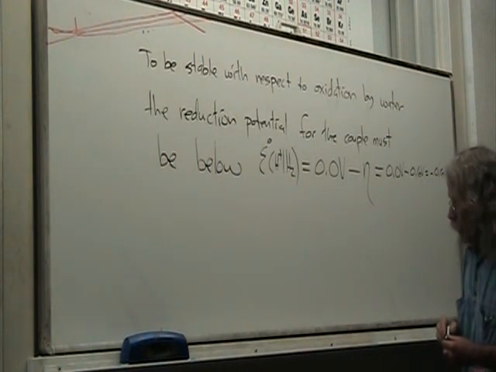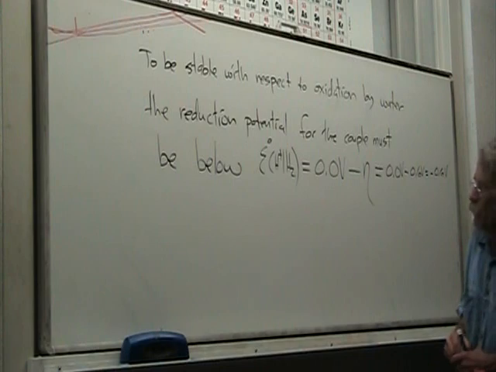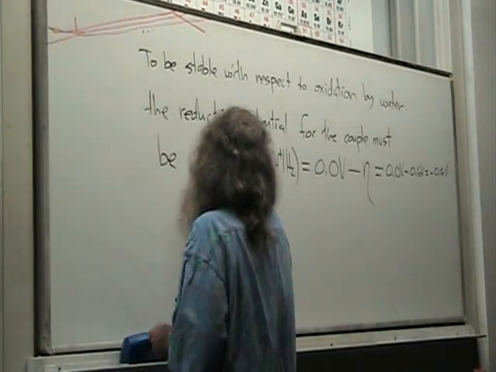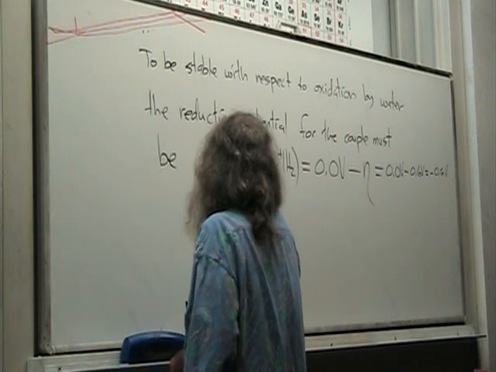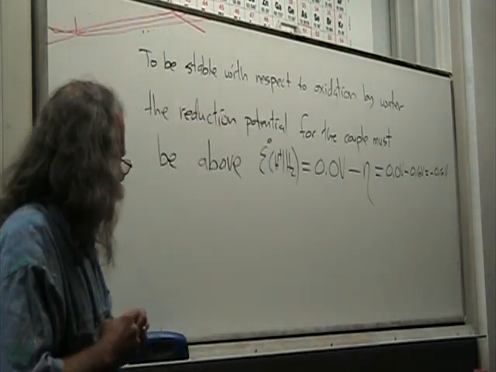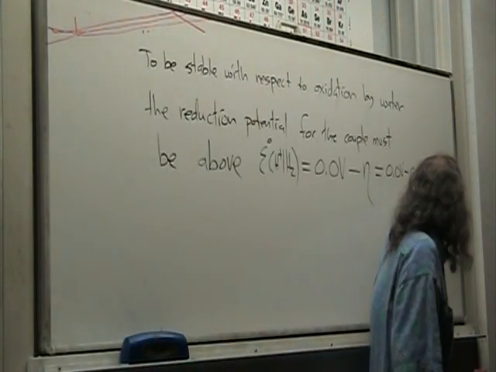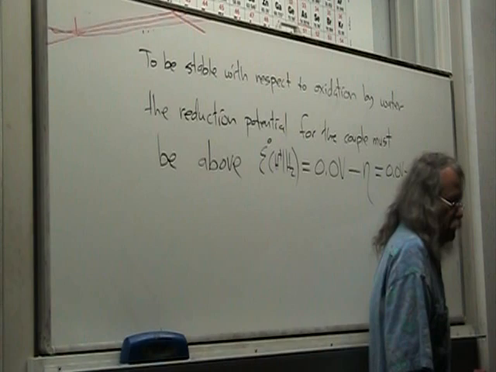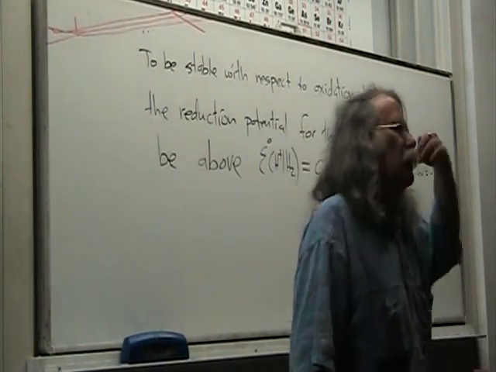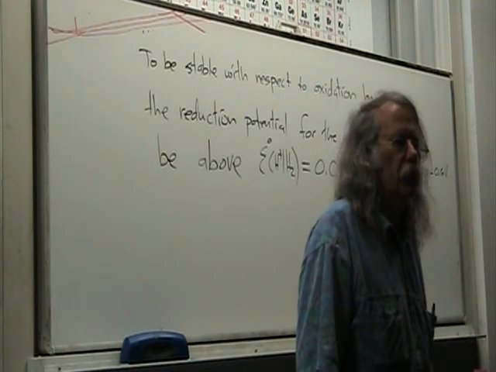So the reduction potential must be above, my bad, above that. So anything that has reduction potential less than 0.6 volts when placed in water will be oxidized by the solvent, by the water.